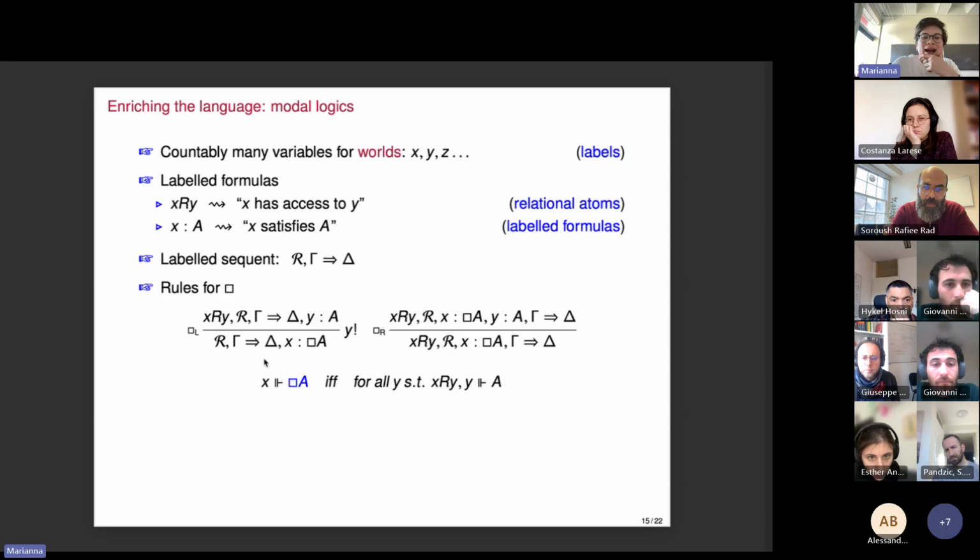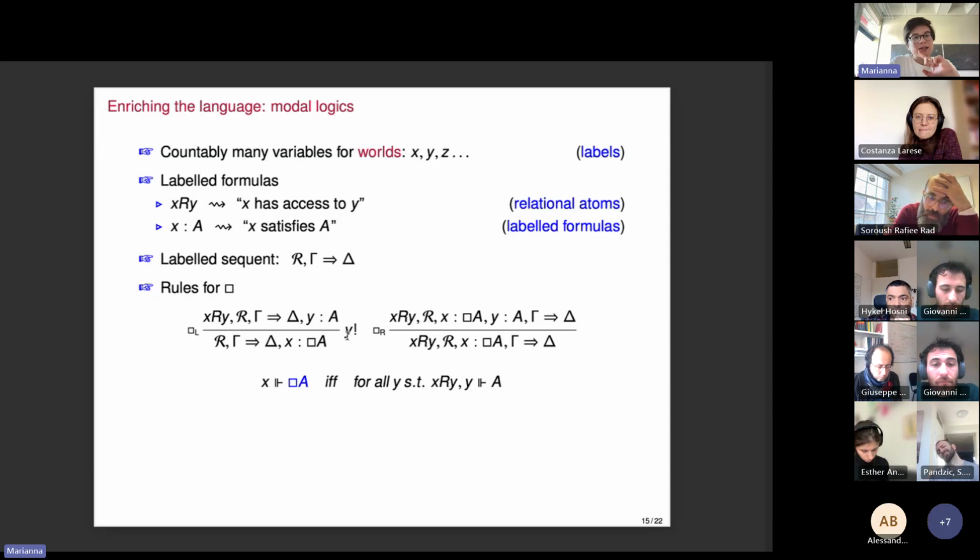I mixed up. But if you look at this rule here, which is the right rule, what this rule says is, okay, x satisfies box A. What does it mean? It means that for any world y that is accessible from x, y will satisfy A. Where this y with an exclamation mark is a side condition which signifies that y is fresh, so y does not occur in the conclusion.